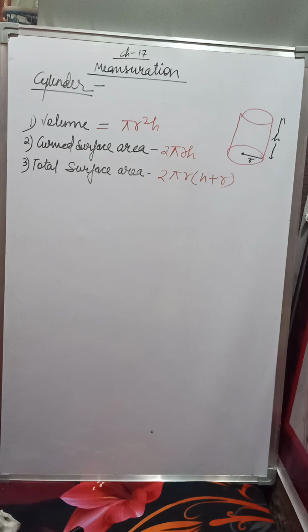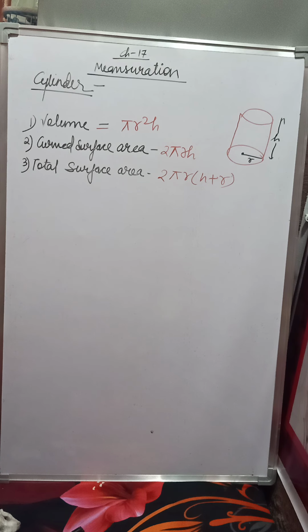We have 5 exercises here in which we will study the volume and surface area of different kinds of solid, 3-dimensional figures. So first we have the cylinder. We are going to begin with the cylinder. Cylinder is a circular shape which has a height.